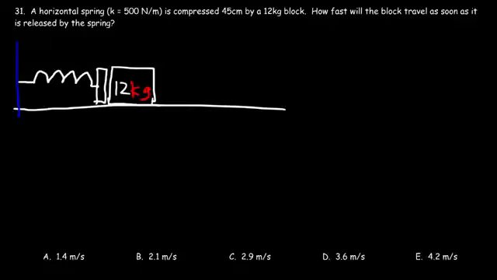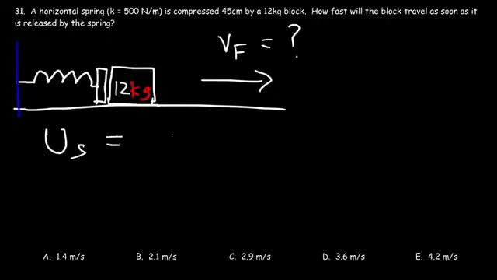Whenever you compress a spring, you're storing potential energy. And once the spring is released, that potential energy is converted to kinetic energy. Our goal in this problem is to find the final speed of the block as soon as it's released from the spring. So we need to set elastic potential energy equal to kinetic energy.